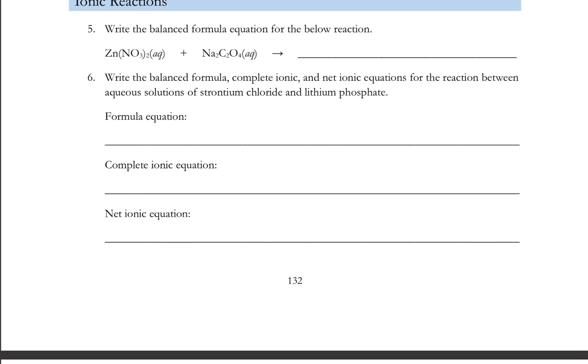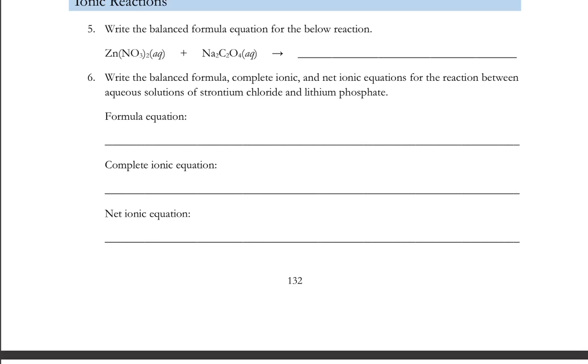Number 6, we are told that we are working with aqueous solutions of strontium chloride, so we'll have to write out what that is, make it neutral, and lithium phosphate, write that out, of course, make it neutral, and then you'll do the exchanging of partners, and you'll check out the solubility rules to see if a solid forms, or aqueous solutions form.